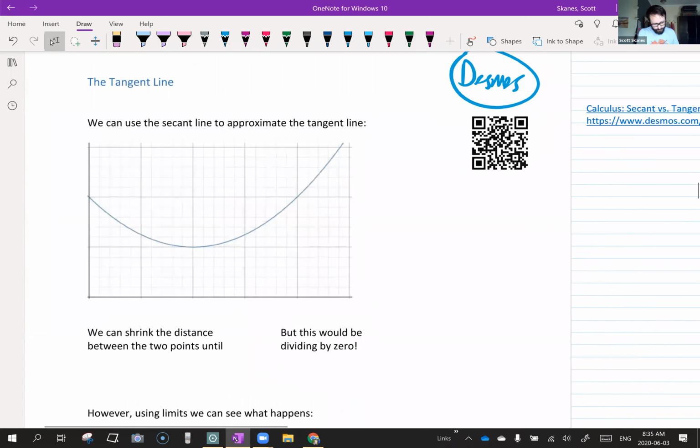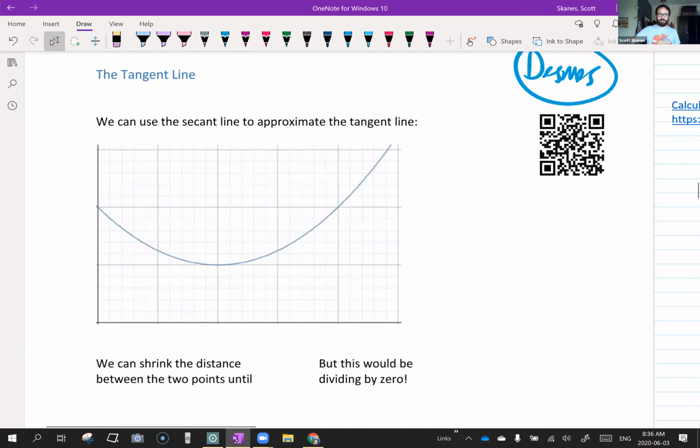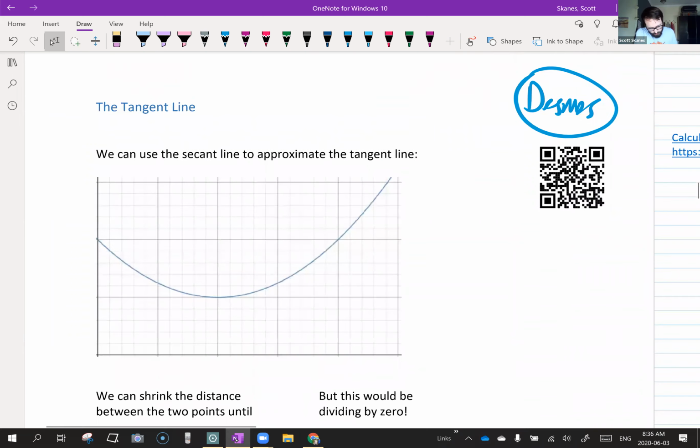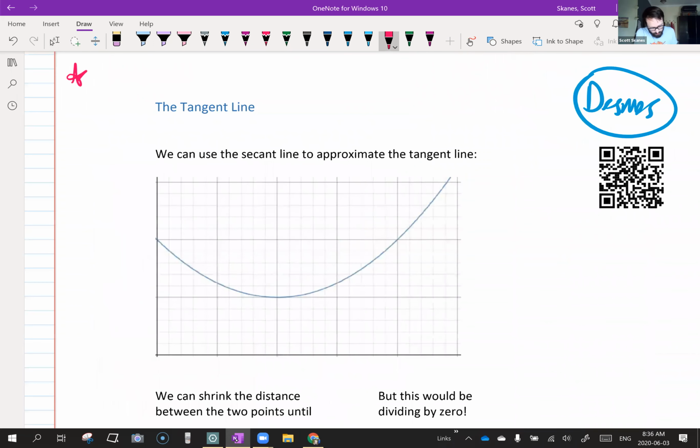So this is the beginning of one of the most important concepts. Let me say this is a key concept. The tangent line: we can use the secant line to approximate the tangent line. And I'm going to show you how.